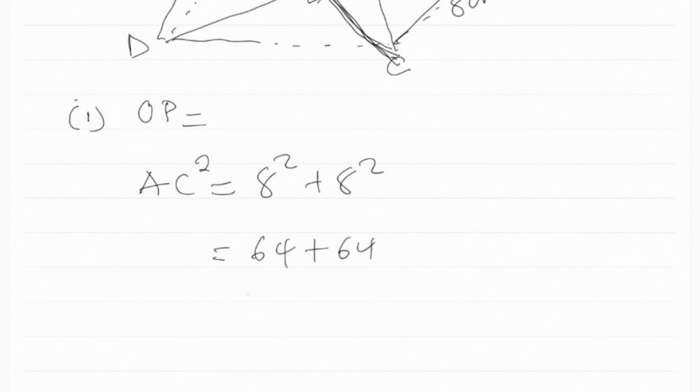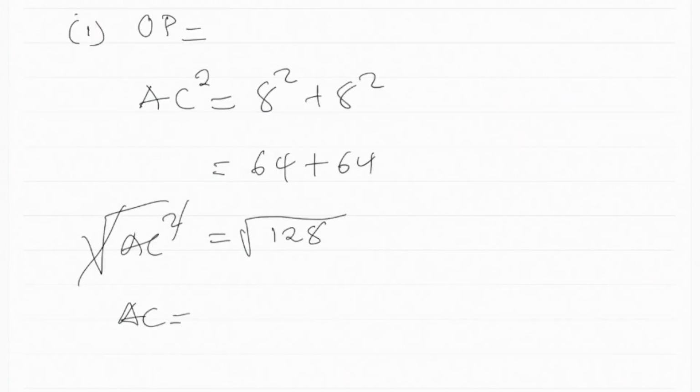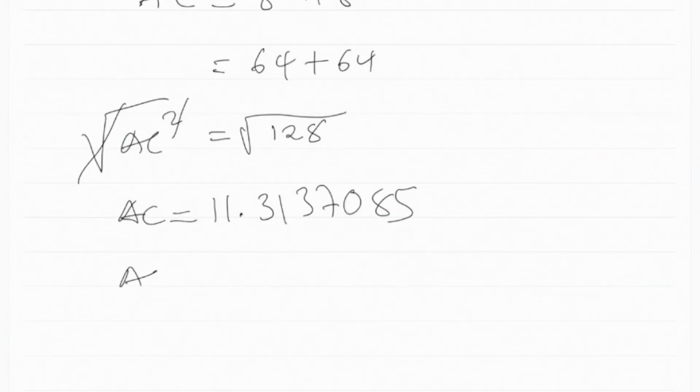This is 64 plus 64, then you are going to have 128. Then the square root of 128, so that we find AC. Then we have AC equals 11.3137085 when you do that with your calculator, and finally AC is going to be 11.